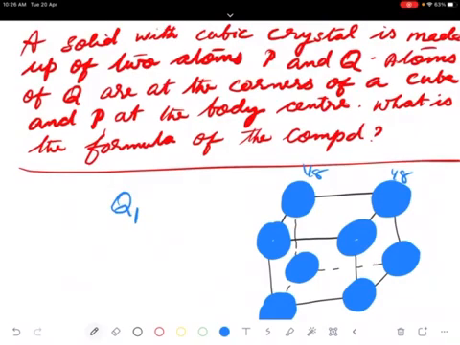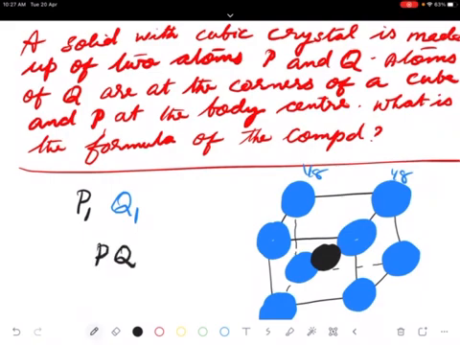And P at the body center. So its contribution is 1 full. So here P1. So what is the formula of the compound? Formula of the compound will be PQ.